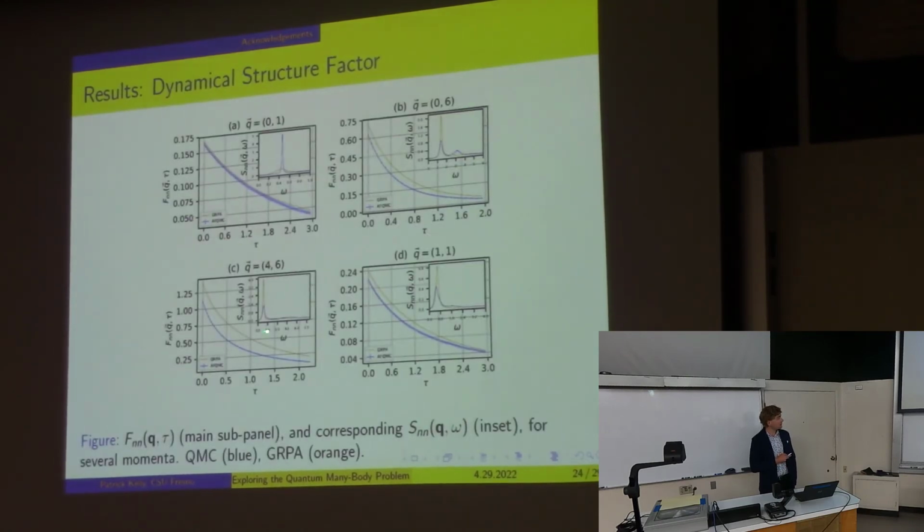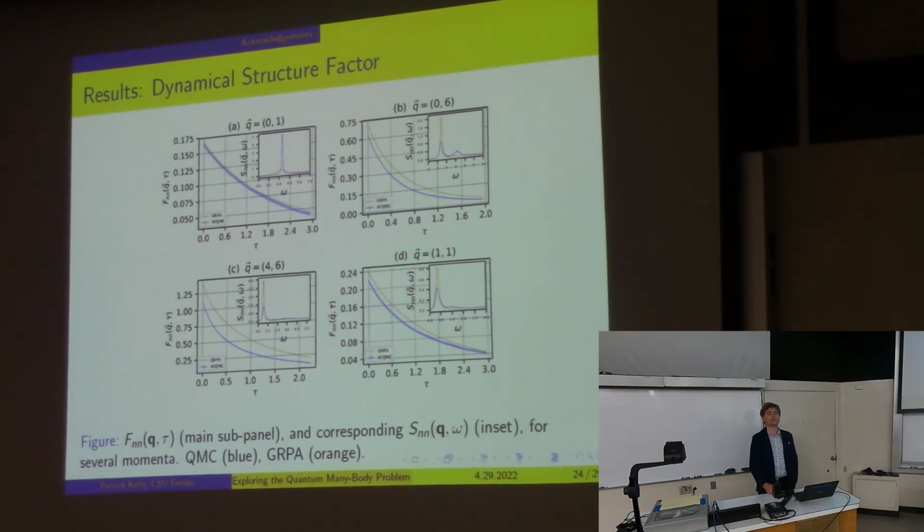Monte Carlo is exact. You are trying to match the quantum Monte Carlo with your GRPA. You basically assume GRPA is correct. No, it's the other way around.